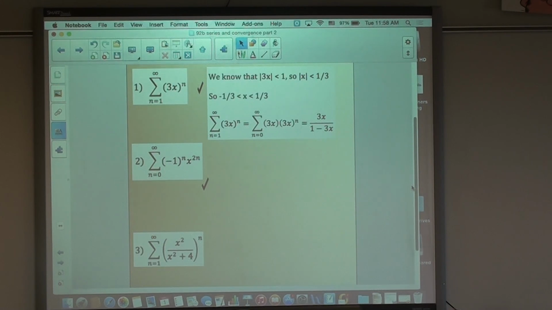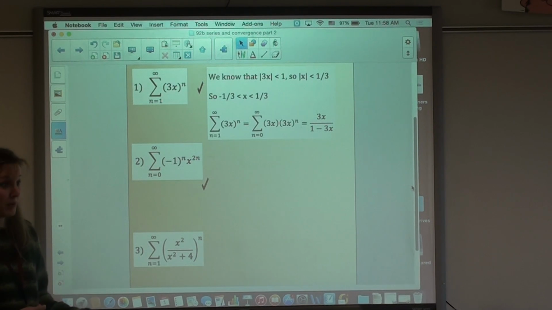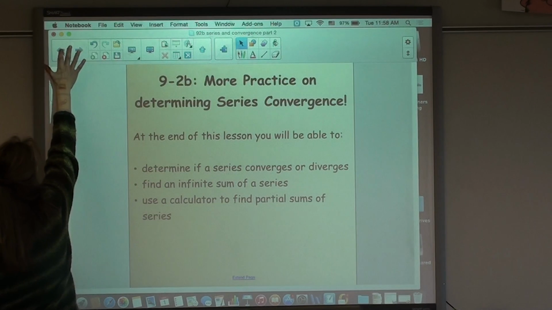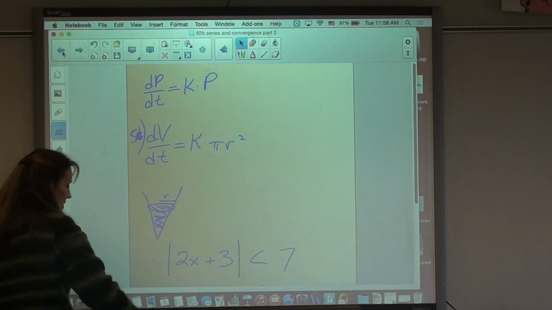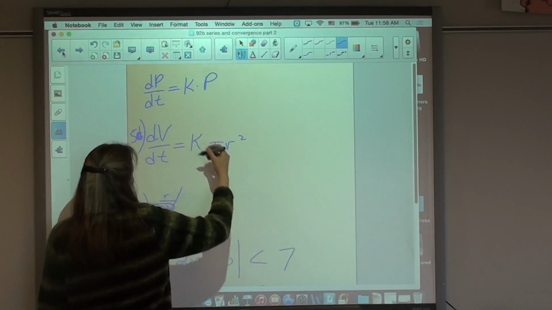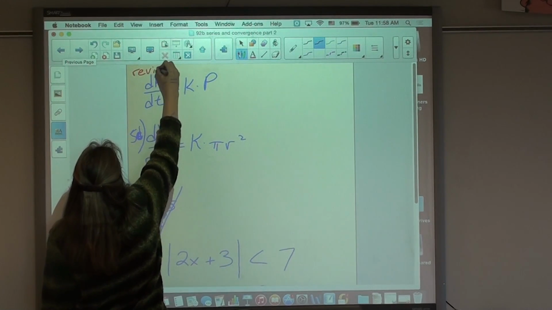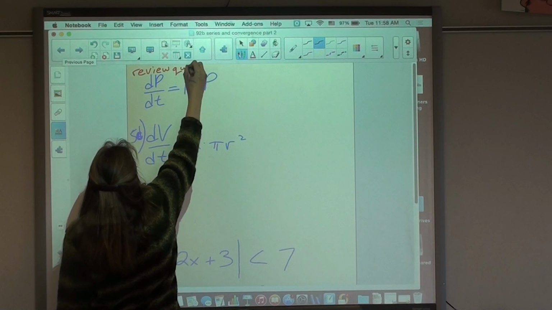One of the other things I want to quickly show you is a minor difference between an absolute value inequality and a quadratic inequality. Some people are stuck on how to solve a quadratic inequality, right? Okay, going back. I'm going to label these extra notes that we were doing first step. So this is for your review quiz.